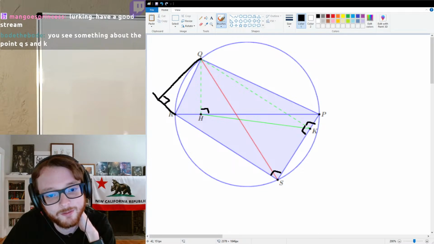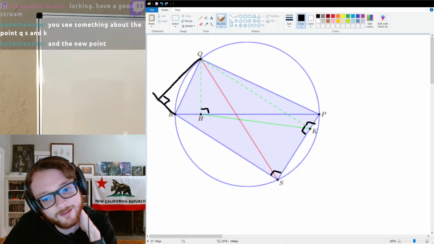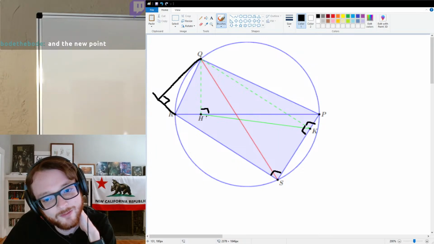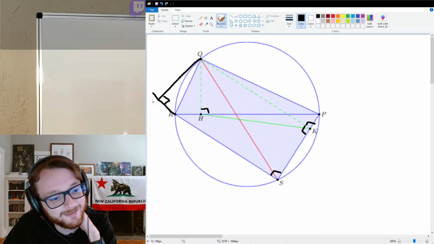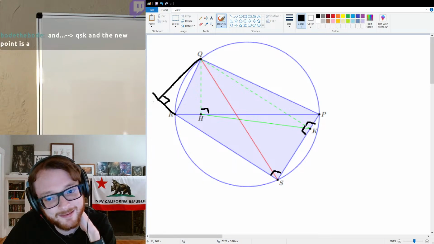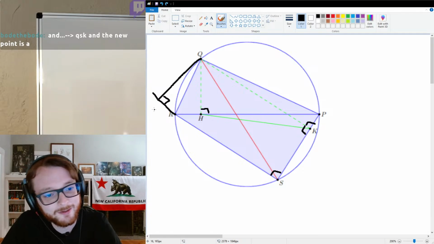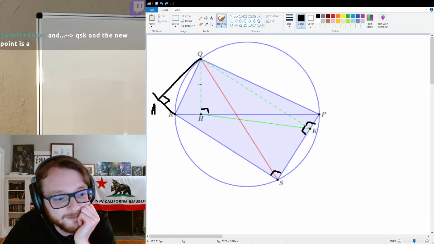And the new point, there's another right triangle, USK. Calling the new point A. USK. The new point.